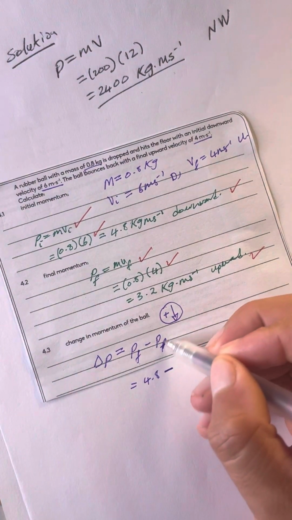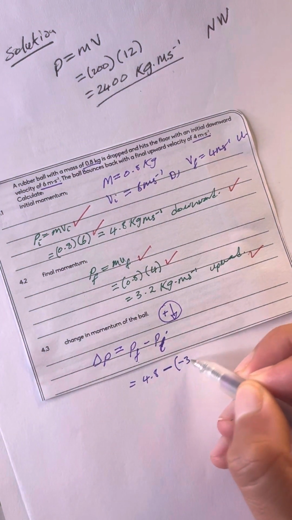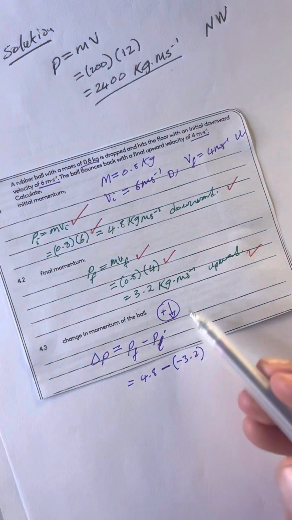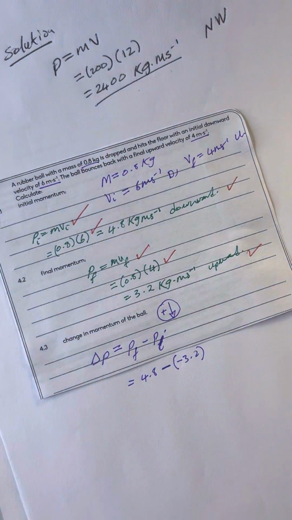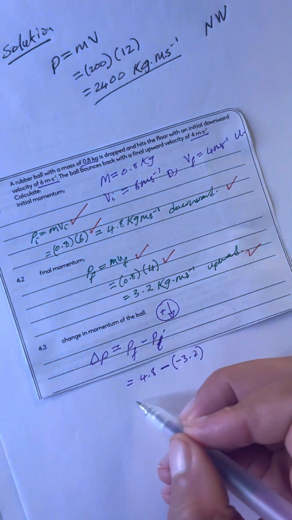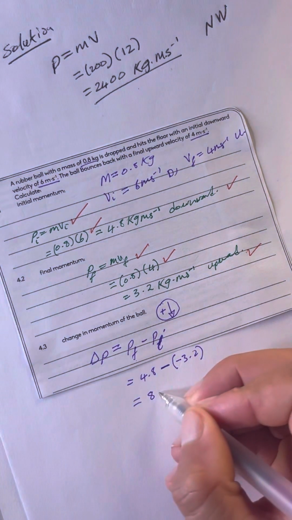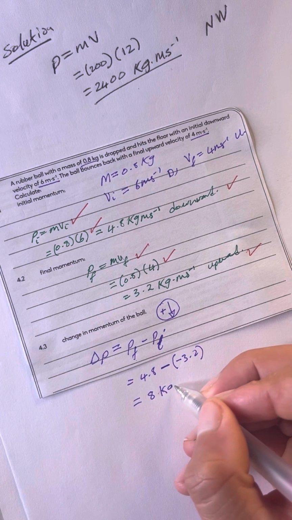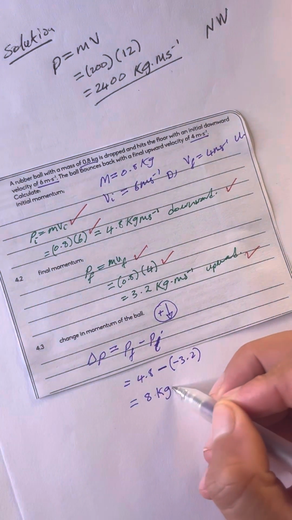It becomes negative because this momentum is in the upward direction, after it bounces on the floor, it goes up. So 4.8 minus negative 3.2 gives you 8 kilograms meters per second.